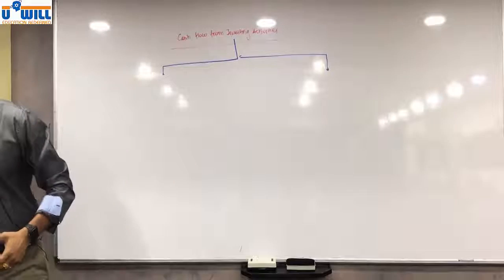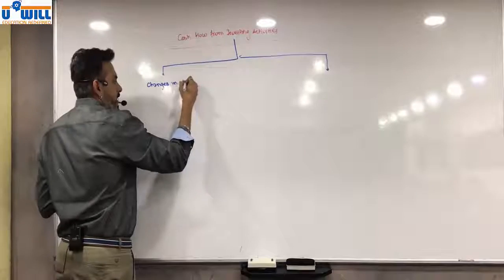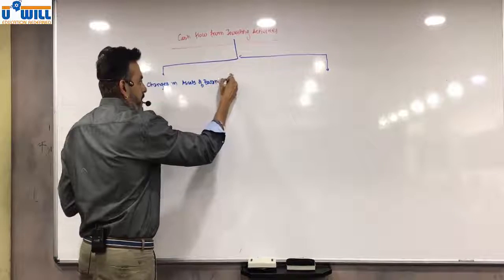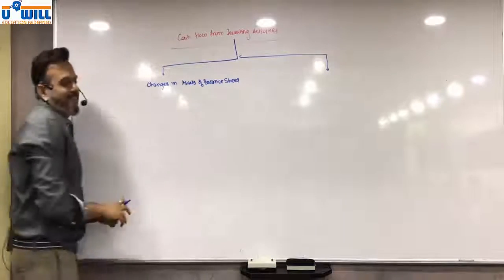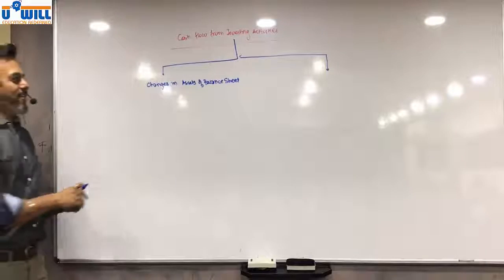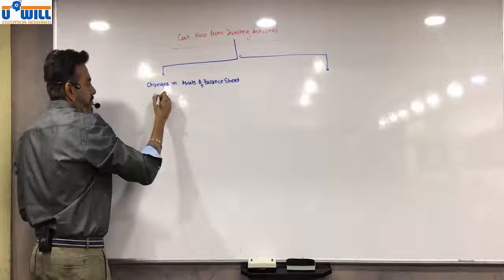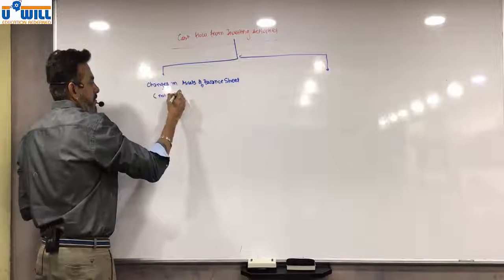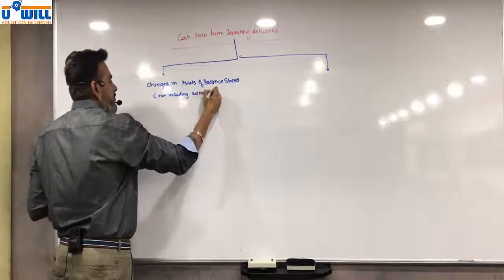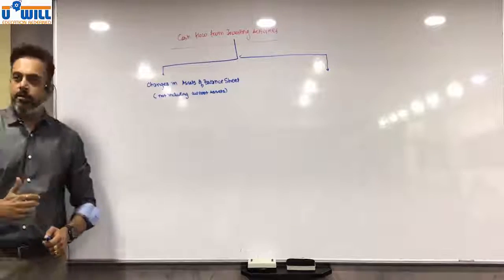Now over here there are two parts: changes in assets of the balance sheet. Changes in assets of balance sheet. And where else do we go on assets? Okay. Changes in assets of balance sheet. We don't include current assets, or we can say all non-current assets.